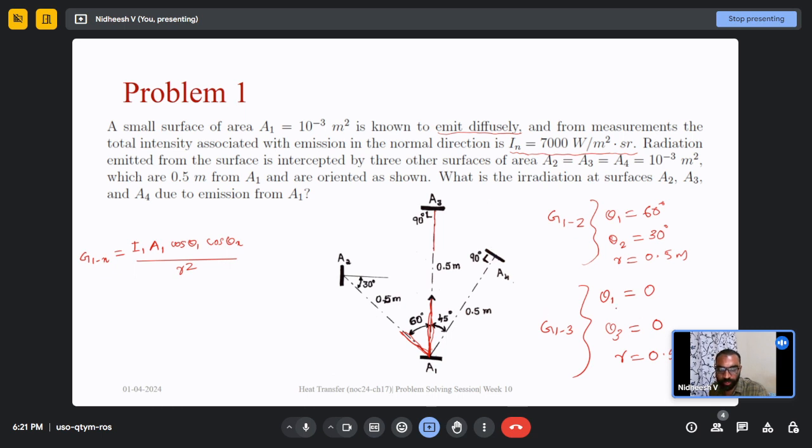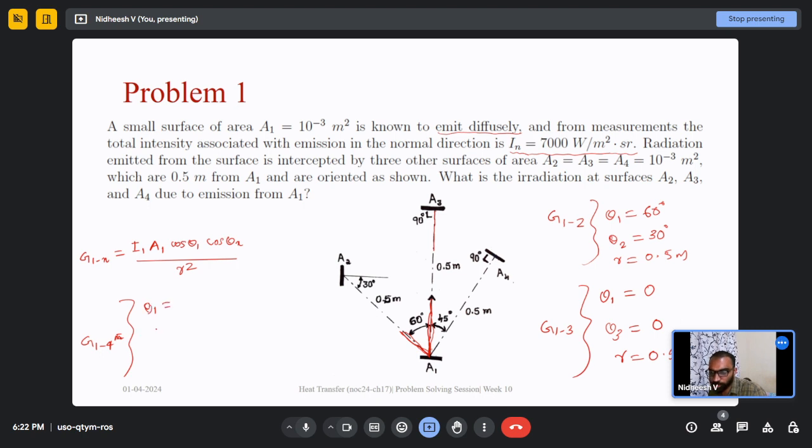Make sure you are taking the right angles for calculations. Why are theta 1 and theta 3 0? Both are facing exactly opposite to each other.